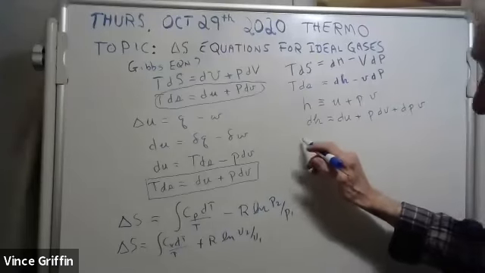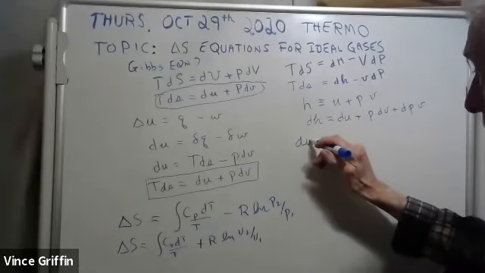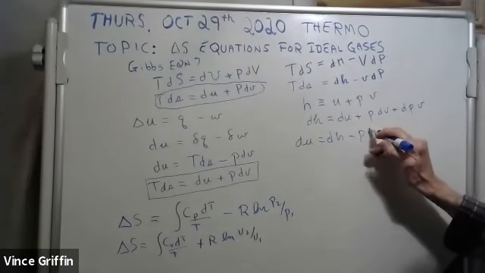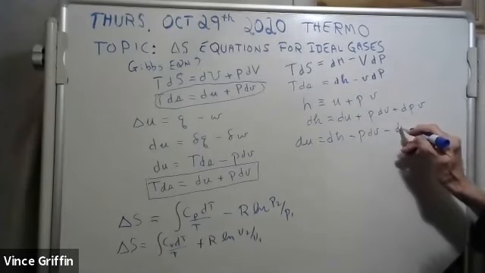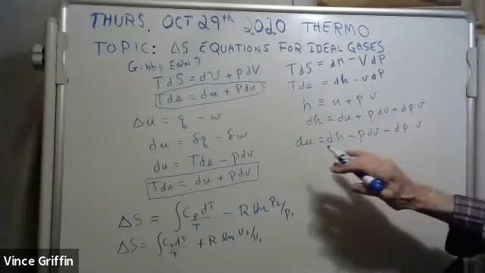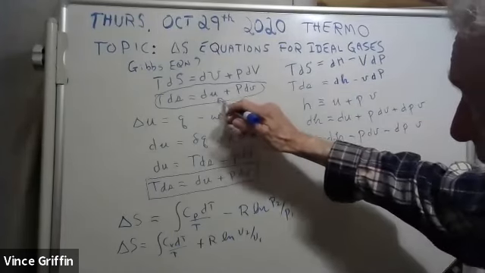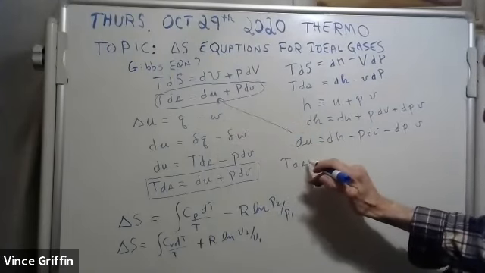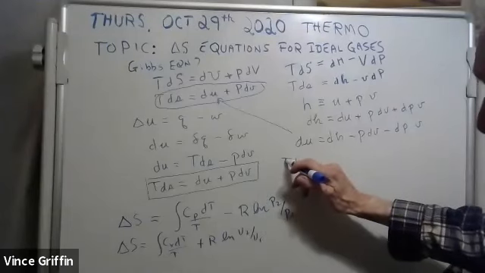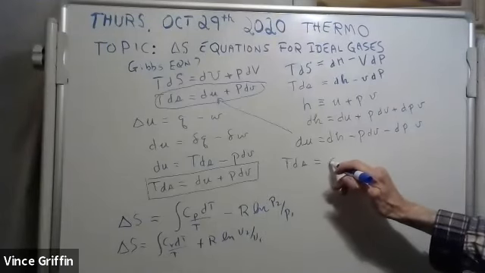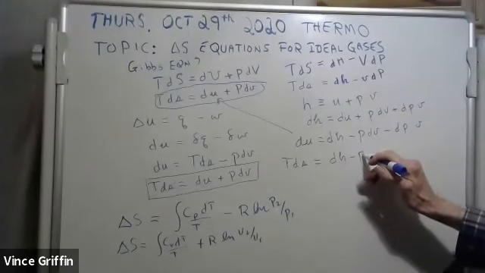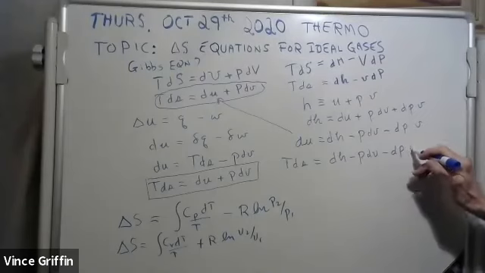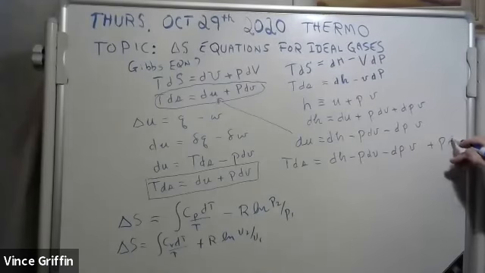Now do some algebra and rewrite this as du equals dH minus PdV minus VdP. And what we're going to do is substitute that in here, and what you'll have is TdS is equal to dH minus PdV minus VdP plus PdV.